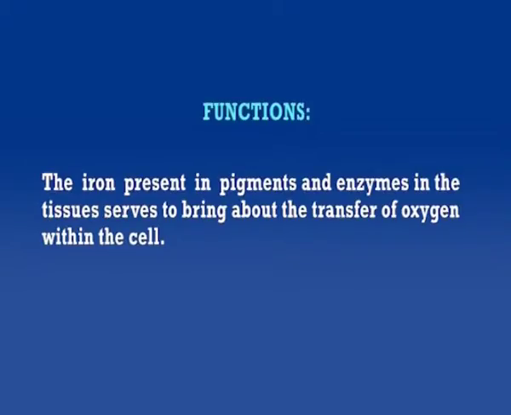We'll see the function of iron. Iron as a component of hemoglobin plays an important part in transport of oxygen from the lungs to the tissues and of carbon dioxide from cells to the lungs. The iron present in pigments and enzymes in the tissue serves to bring about the transfer of oxygen within the cells.